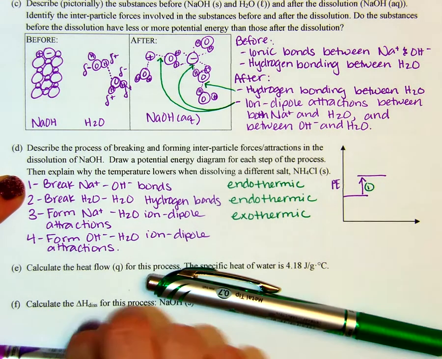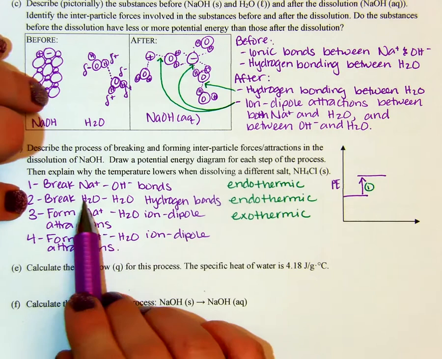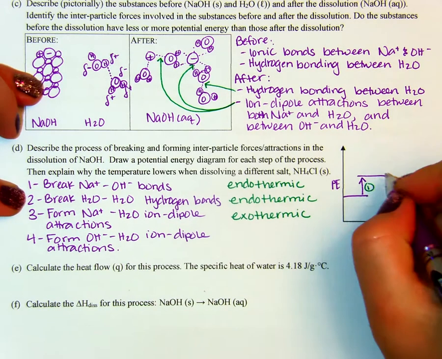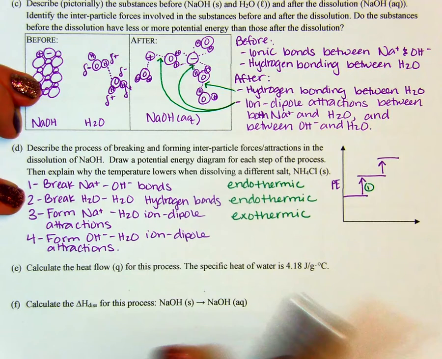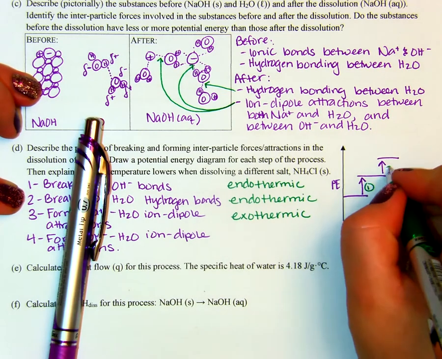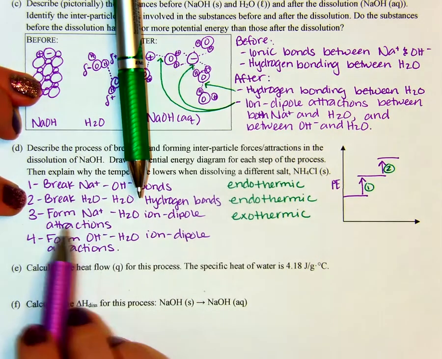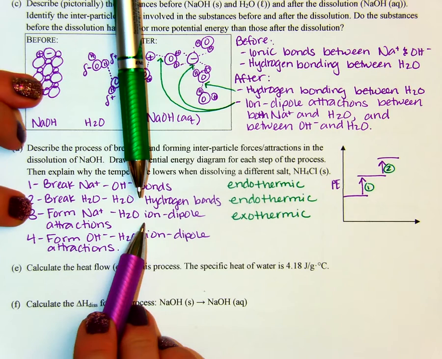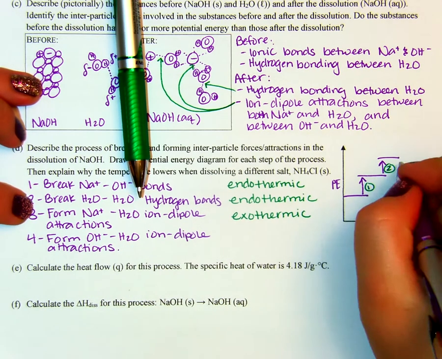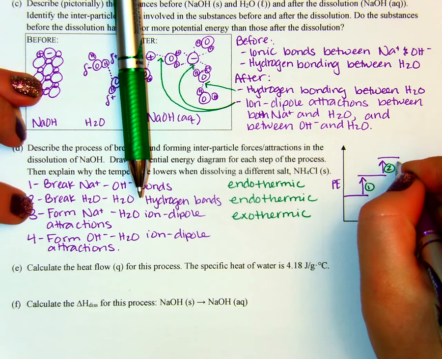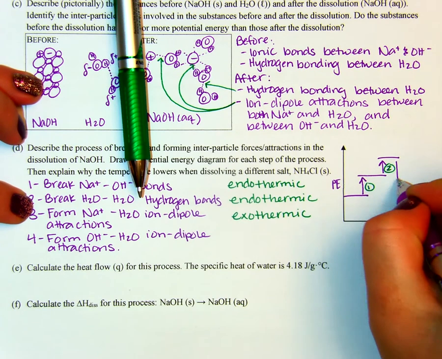Okay, so step 2, break the H2O hydrogen bonds. Breaking bonds, of course, is going to require even more energy. So our potential energy is going to increase. That was step 2. Step 3 involved forming sodium and H2O ion dipole attractions. So forming a bond is exothermic. So we're going to release energy, and overall our energy is going to go down.